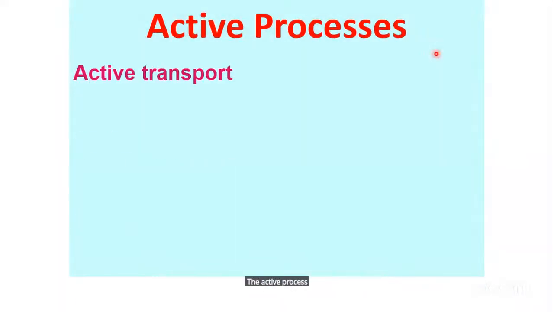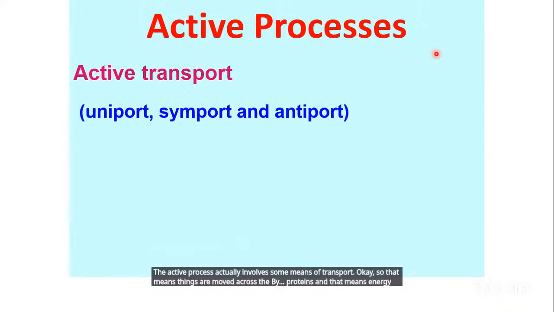The active process involves some means of transport, so things are moved across the cell by proteins, and that means energy is involved, expenditure of energy. So we have different types of transport systems: the uniport, the symport, and the antiport.